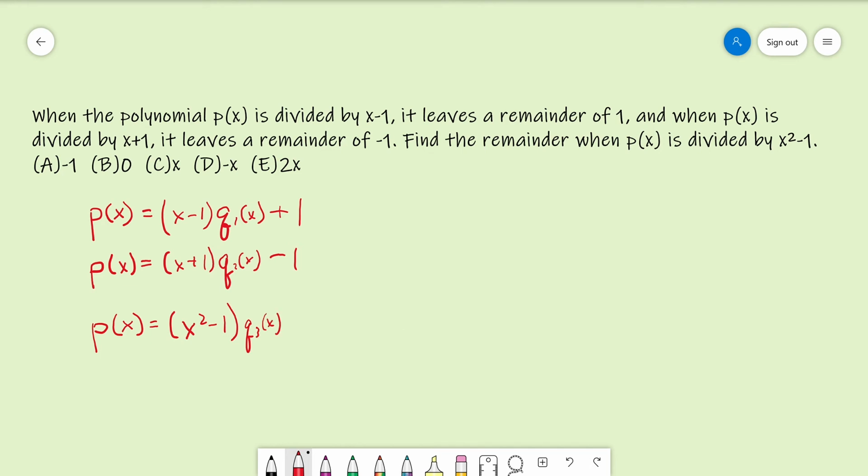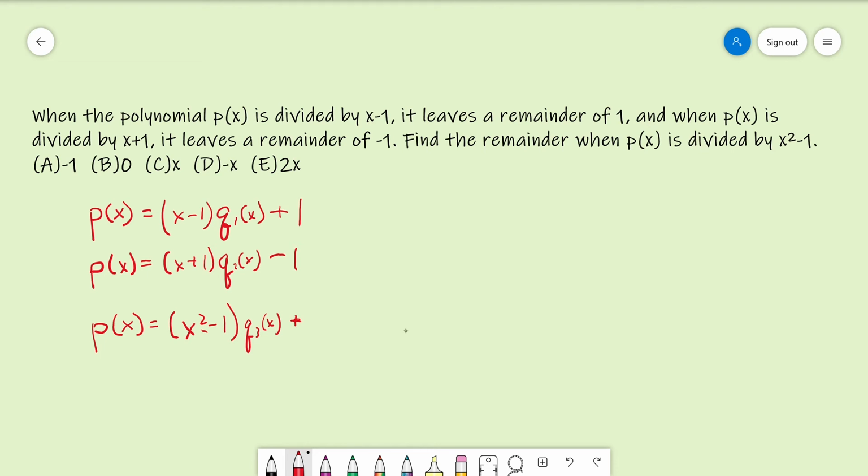And remember that when you divide a polynomial by another polynomial like x squared minus 1, the remainder could either be a constant, or a polynomial with a degree less than the degree of the divisor. So in our case, since we're dividing by a second degree polynomial, the remainder could be a first degree polynomial.